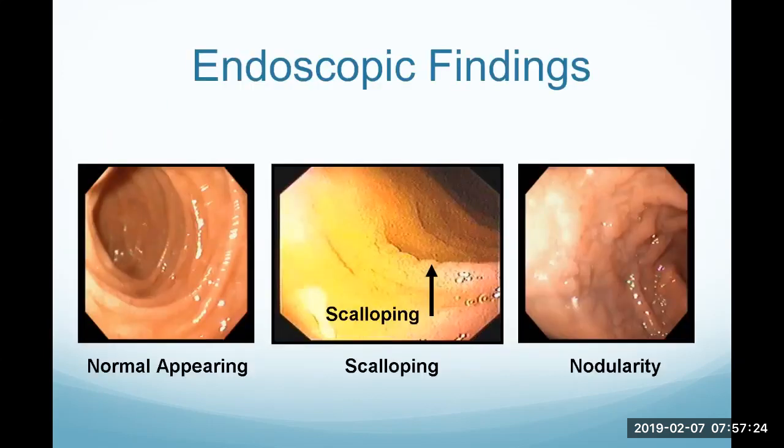This is a slide showing the different range of endoscopic evidence in celiac disease. Some may present with completely normal appearing folds in the duodenum, to these tiny dips that occur due to blunting of villi, which we call scalloping.